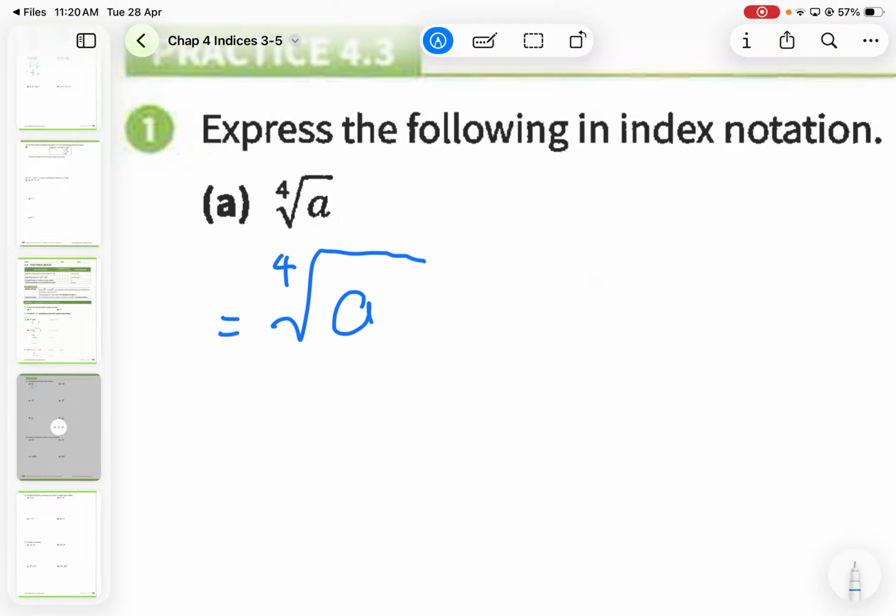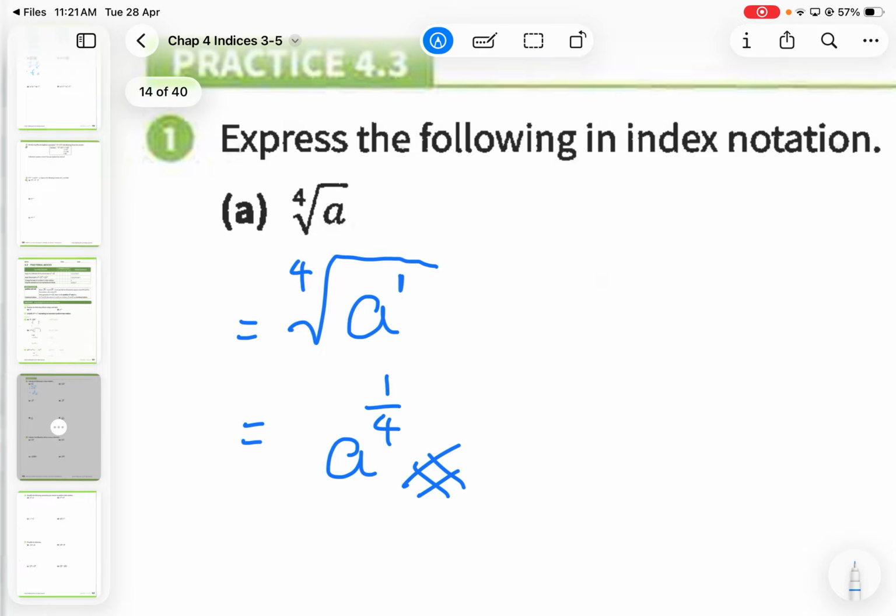By default, when we never write any power, the A actually has power 1. So when I am taking the fourth root of A power 1, I am just going to divide the power by 4. This is the answer.